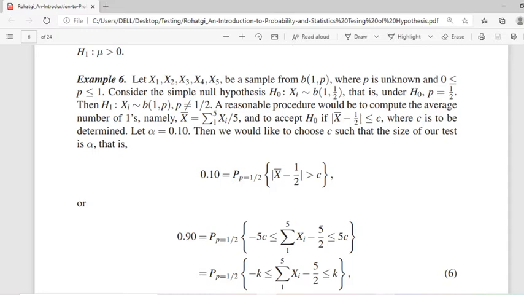A reasonable procedure would be to compute the average number of ones, because in a Bernoulli trial we have zeros and ones. So we can compute the number of ones. Suppose I show you.